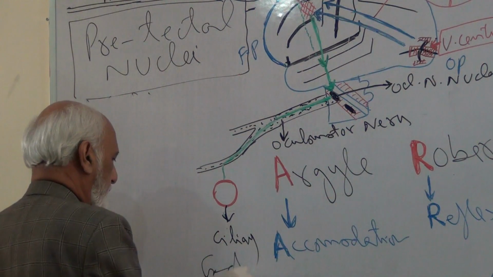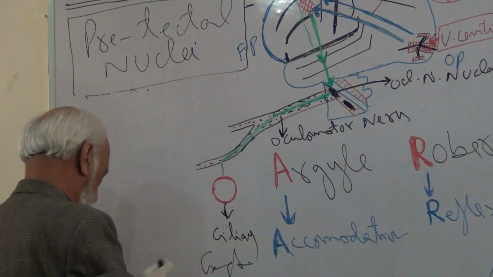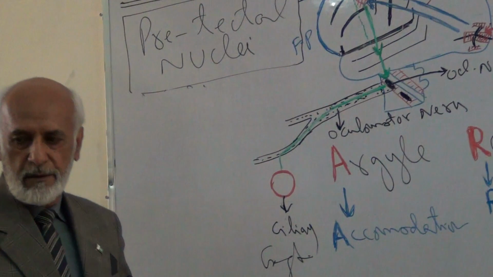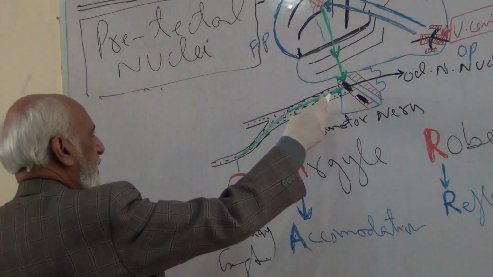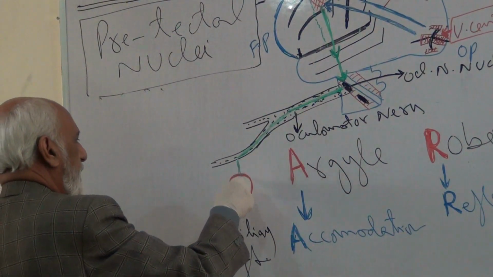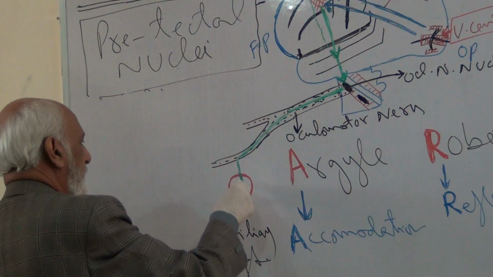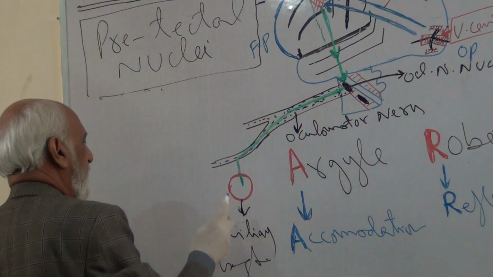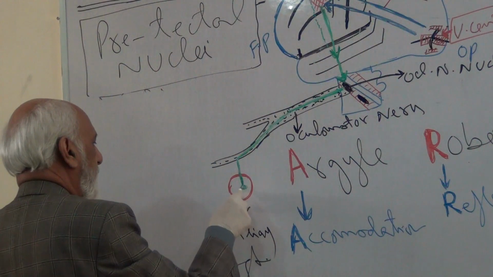Ciliary ganglion. Now these preganglionic parasympathetic fibers leave the oculomotor nerve and enter the ciliary ganglion where they relay.